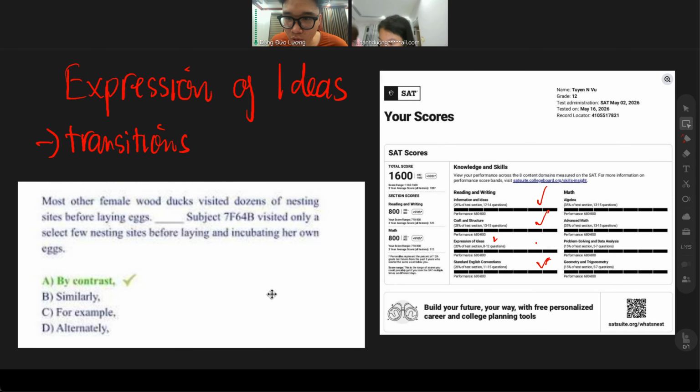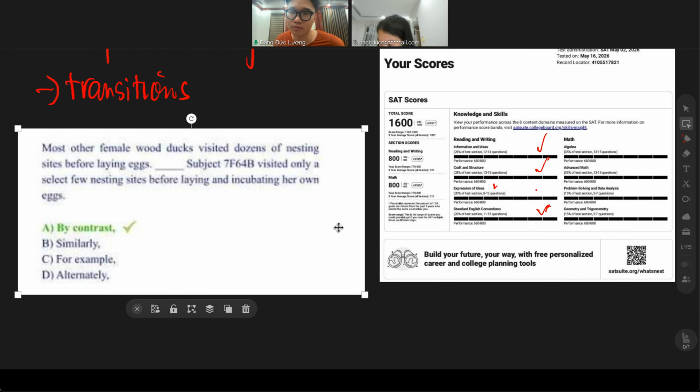Here's the example of the transition question. You can see there are two sentences in that example, and you have to understand the meaning, the nuance, the tone of each sentence to find the right answer, right? Those two sentences contradict each other.